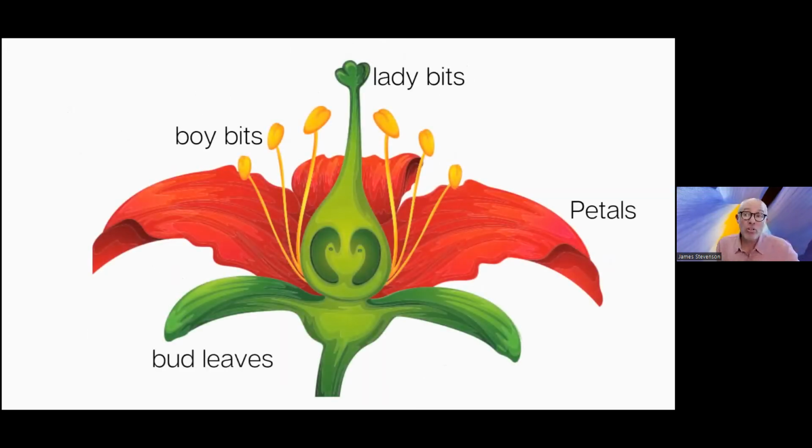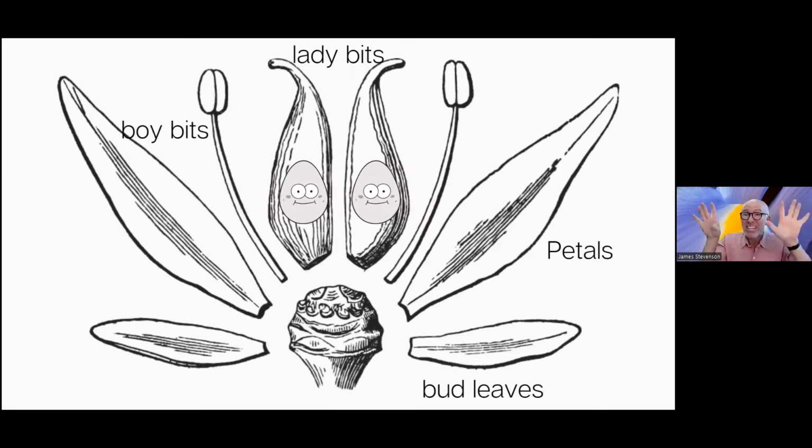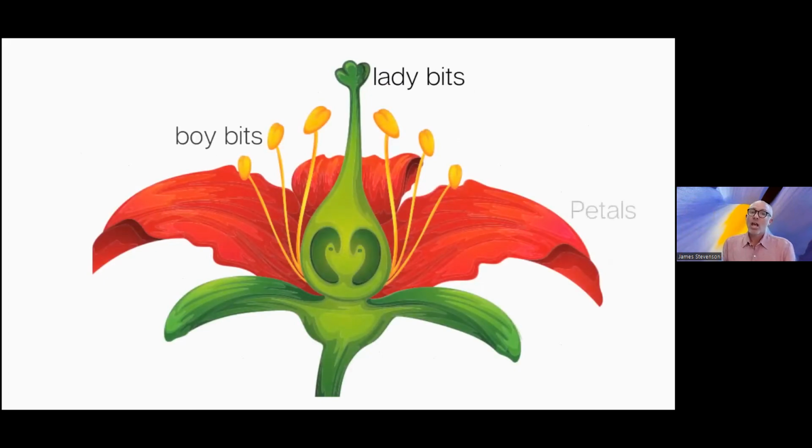A more typical flower has all the lady bits fused together. That's much more common than having the carpels or the individual lady bits separate from one another. They're much more often fused together into a single, unified ovary.